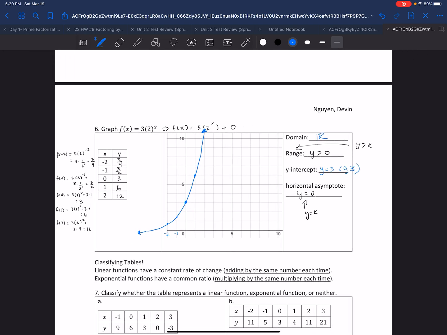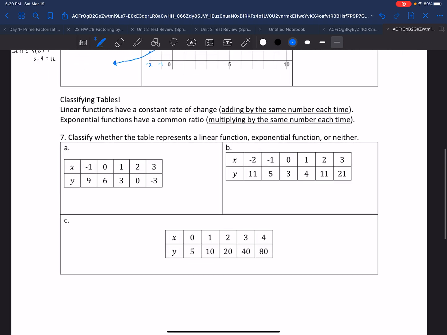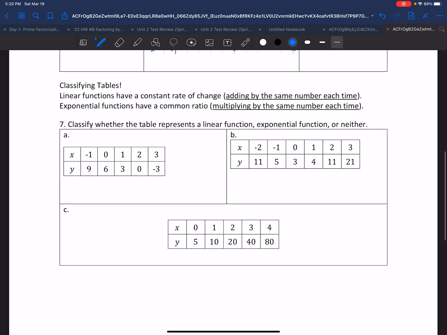This is your exponential function, right? So now we're going to go ahead and talk about tables. Linear functions have a constant rate of change. Remember, that's our slope. Rate of change is another way of saying slope, adding by the same number each time. So this should not be new. You've done this at the beginning. And then exponential functions have a common ratio.